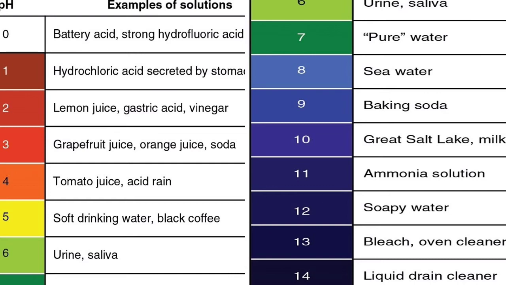Rainwater is slightly acidic, in the range of 5.4. If it decreases further, it becomes acid rain. Milk of magnesia, which is taken as an antacid, is in the range of 10. Bleaches and liquid drain cleaners are highly basic.